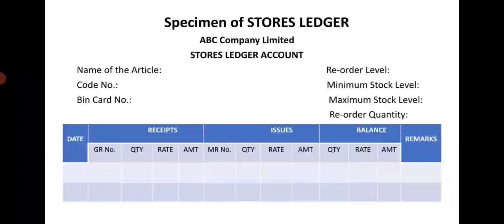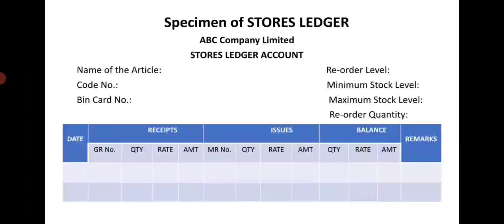So the material returned to store can be priced in the following ways. So there are two ways to be priced. First one is original issue price, second one is current issue price. So if the date and rate of the issue of material to production department is given, then the material received should be priced at the original issue price.